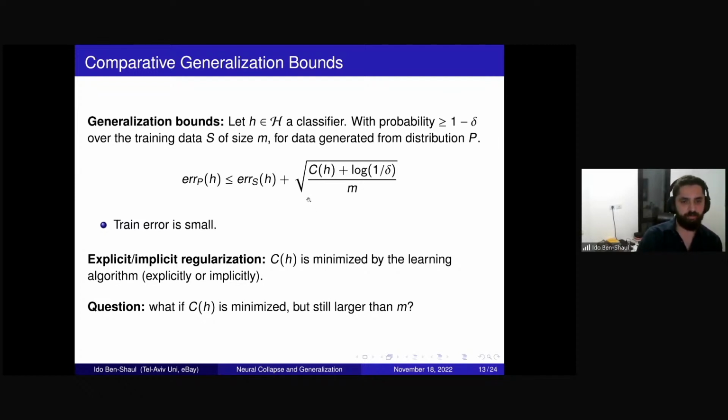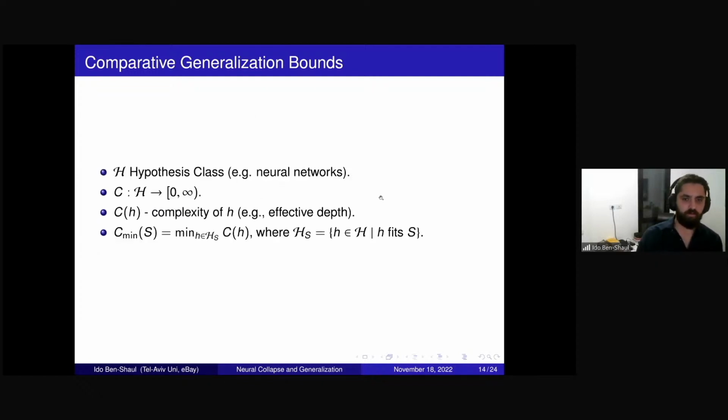And therefore, the bound we get is vacuous in this setting. So let's talk a little bit about our setting. We have some hypothesis class, so some neural network, and we have some complexity measure of this classifier. You can think of the effective depth here. And we define the minimal complexity for a data set S as the minimal complexity of a classifier that fits this data set.